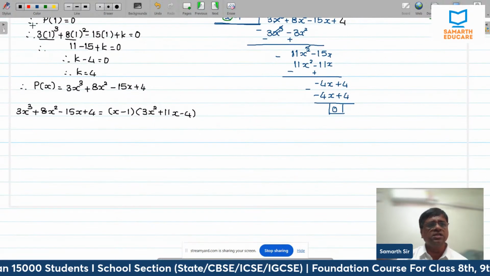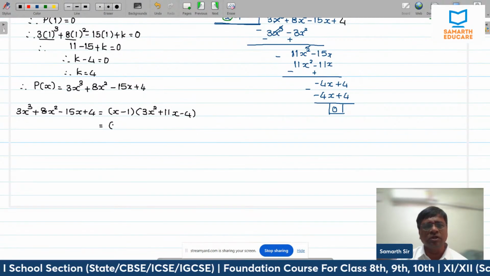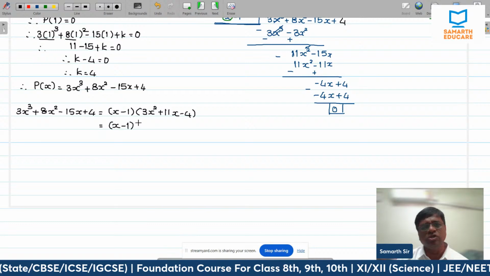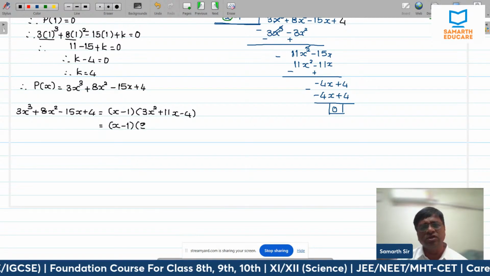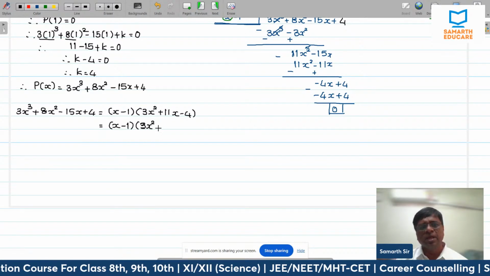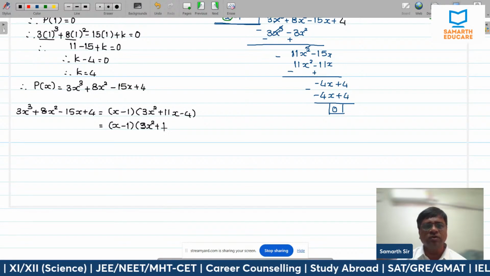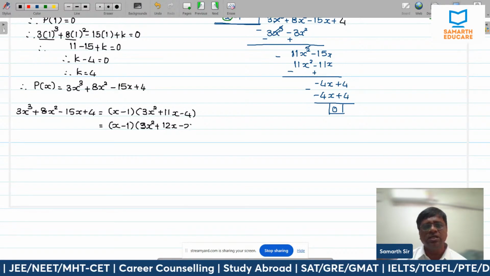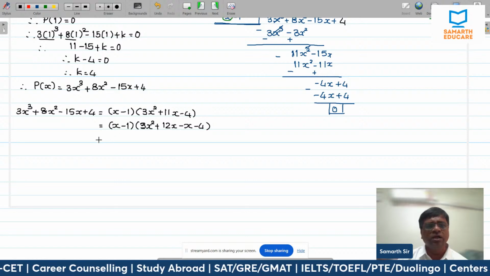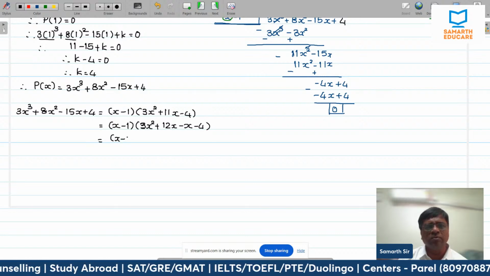Now if you look at the second bracket, this again comes from the previous chapter, that is quadratic equation. I will have to take the factors: 3x square minus, rather plus 12x minus x minus 4. All right, so that is equal to x minus 1.